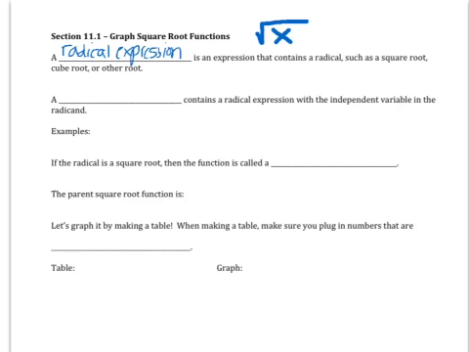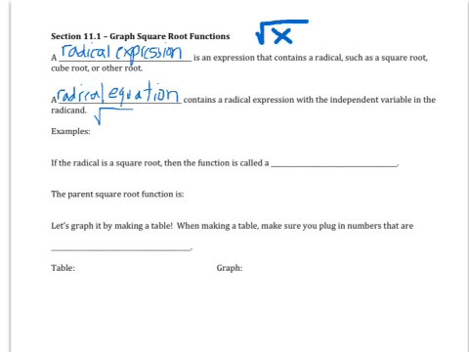A radical equation contains a radical expression with the independent variable in the radicand. The radicand is kind of like the square root house. So that would be a radical equation, and that's what we're going to be working with a lot in this chapter.